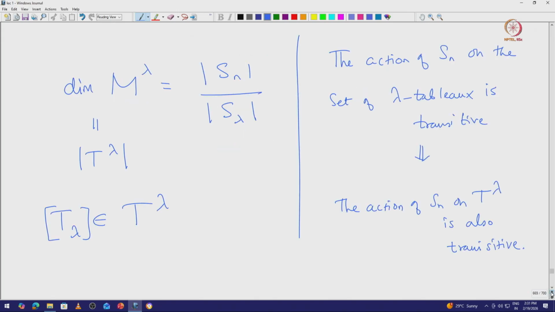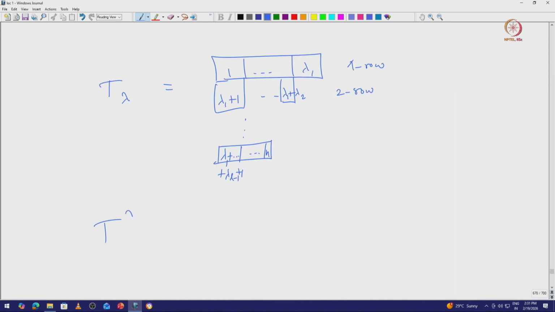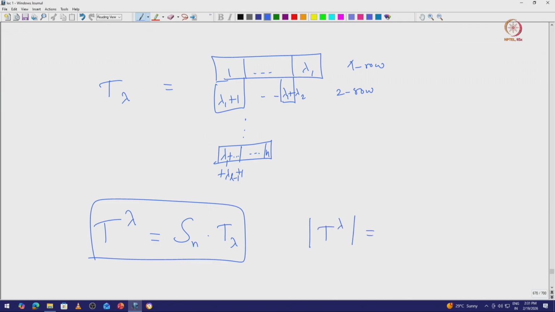So, now using this transitive action, if we are interested in the set of elements T lambda, this will be given by Sn acting on this T subscript lambda. So, using the group actions, the cardinality of this T lambda is going to be the cardinality of the group divided by the stabilizer of this T lambda. But the stabilizer of this T lambda, since the group is acting by permuting each entries, is nothing but the product of the following groups.